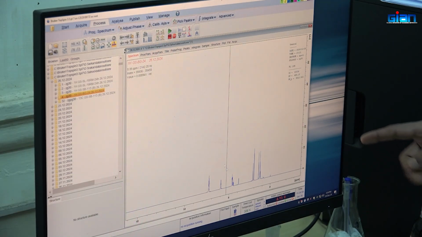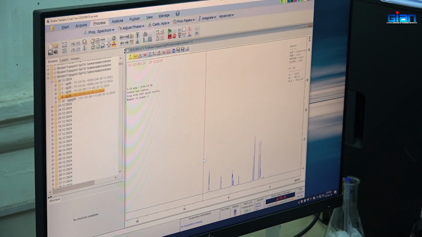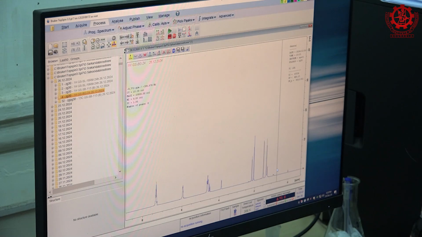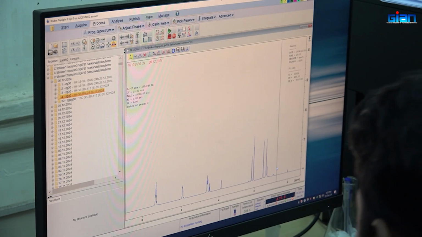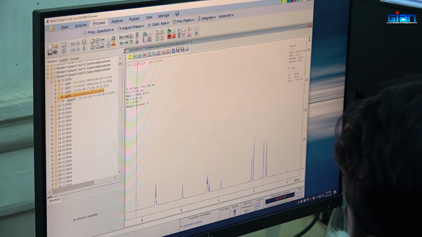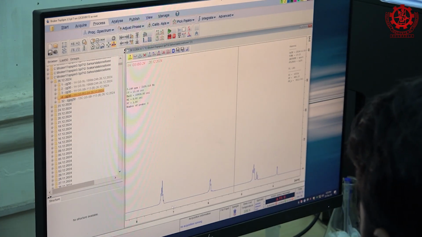So now we got the spectrum. Of course, analysis is again a major part, how we analyze. I will just roughly tell you that we had taken the solvent. That one we take as the reference, because it is known.